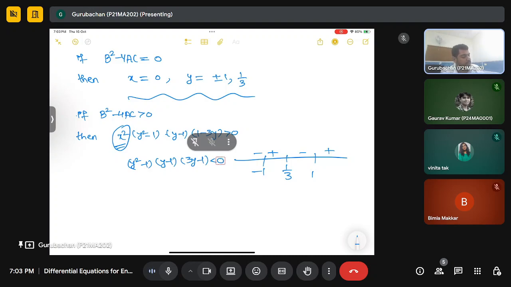So we need to consider the negative part. For this, y can be either less than -1 or y can be between 1 by 3 to 1. There will be a break on 0 also, so we cannot ignore x equal to 0.